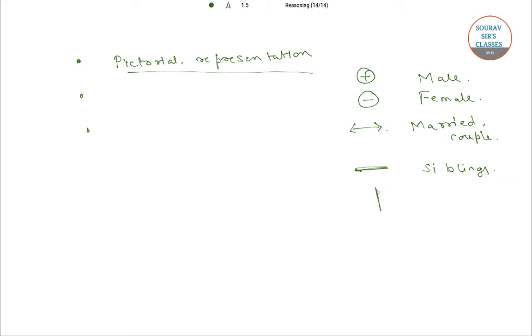Similarly, vertical line is used to represent the relationship between a parent and child. So these are the symbols used to pictorially represent the question.